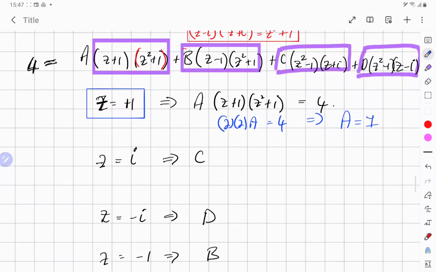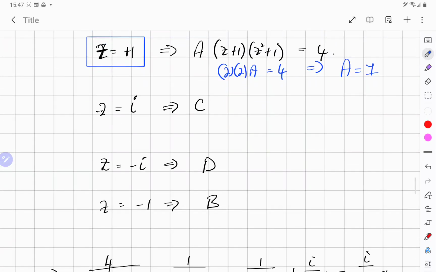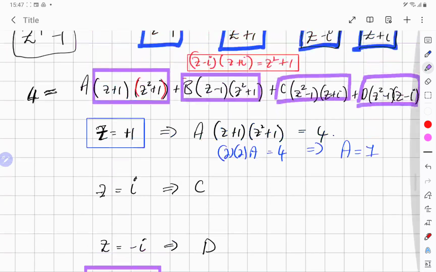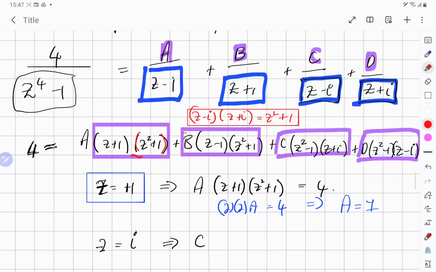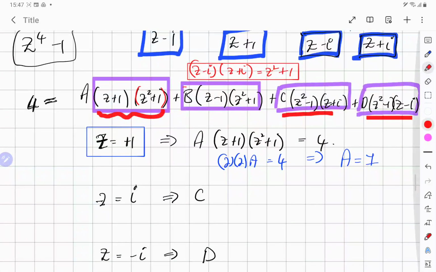Now we can actually do b first. If I make z negative 1, which factors will disappear? Obviously this one, minus 1 plus 1 is 0. Here, negative 1 squared minus 1 is 0. And here too, negative 1 squared minus 1 is 0.